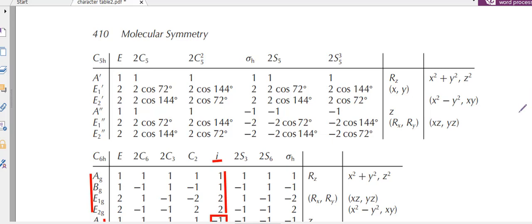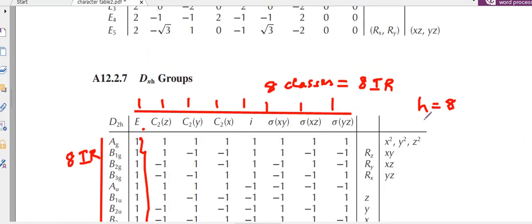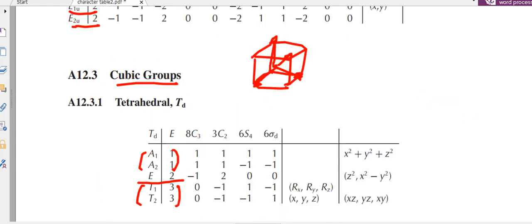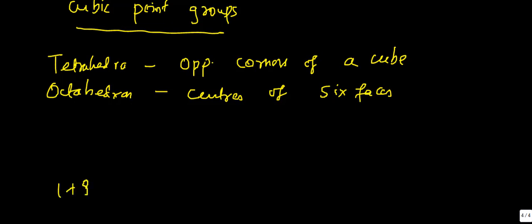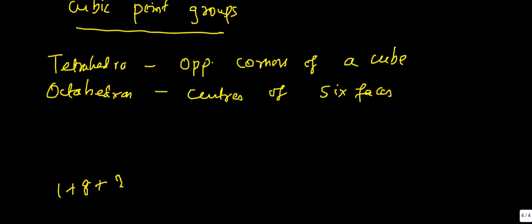For D2h, the number of operations is 8. For the tetrahedron, 1 plus 8 plus 3 plus 6 plus 6, you get 12 plus 3, 15 plus 8, 23 plus 1, 24. The number of operations is 24.